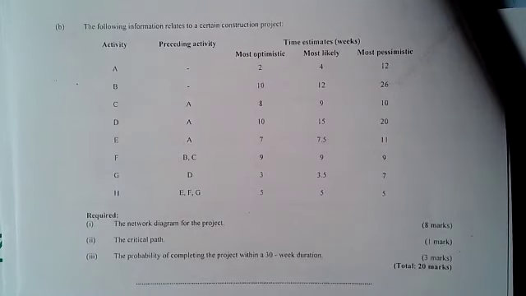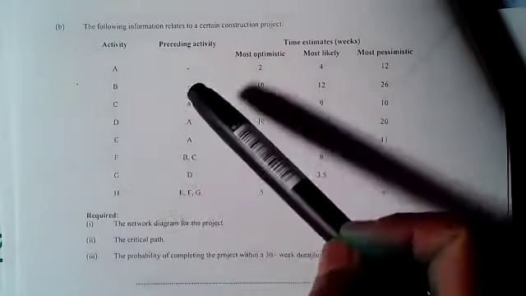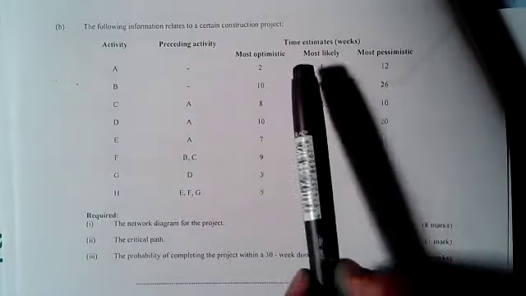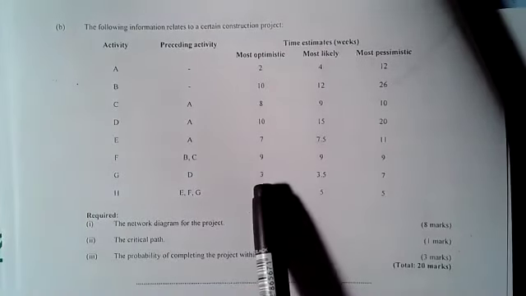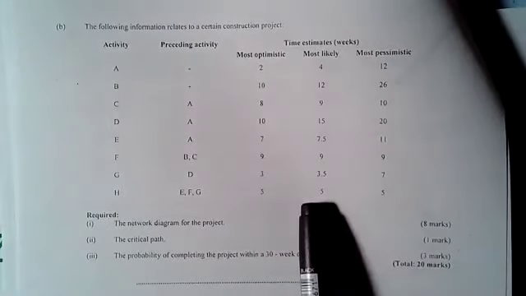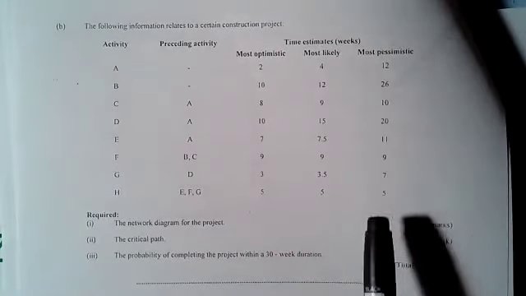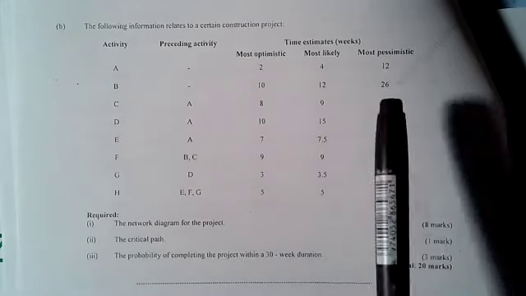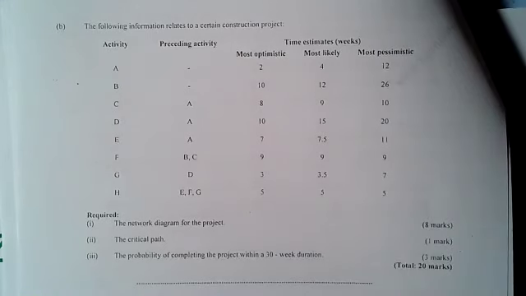We are told the following information relates to a certain construction project. We have the activity, the preceding activities, then time in weeks: most optimistic, that's our A; most likely, that's M; most pessimistic, that's B. Remember, the first step, even before doing the sketch, is to get the expected time.